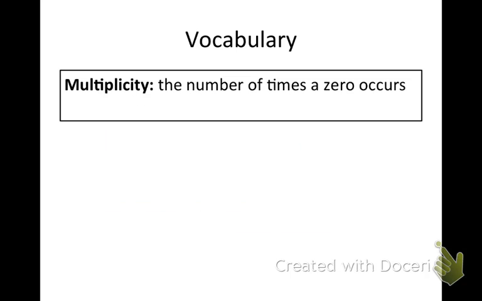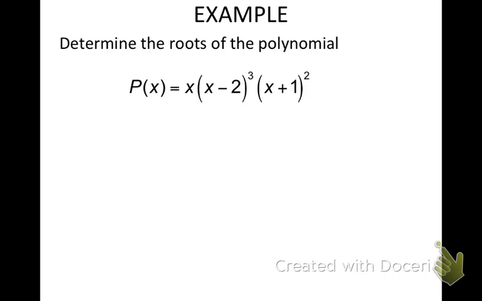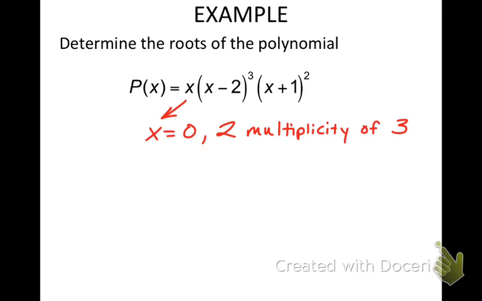So, what would be the zeros of this polynomial function? Here I would have a zero of 0. I would have a zero of 2 with a multiplicity of 3. And this is what you are going to need to write out.